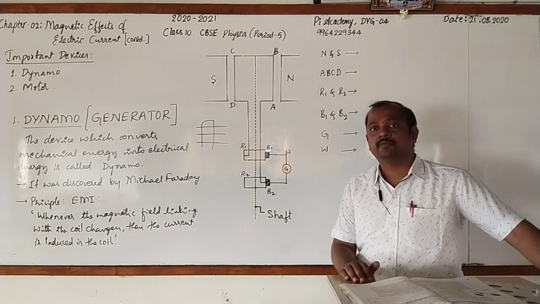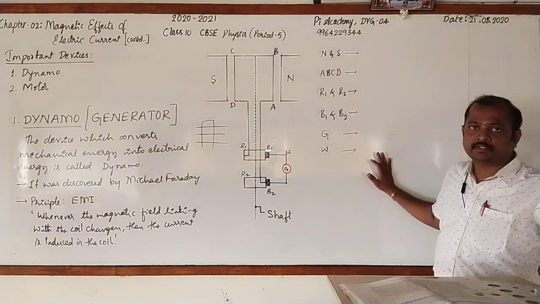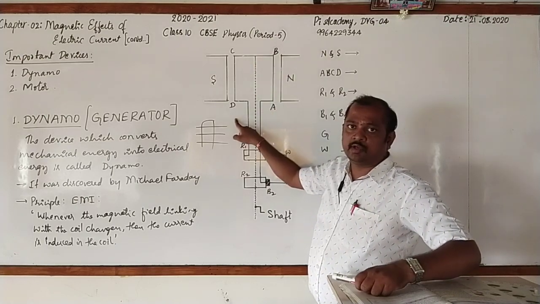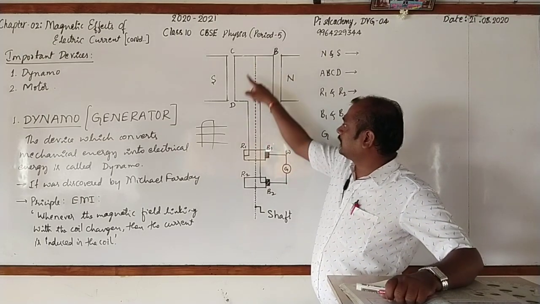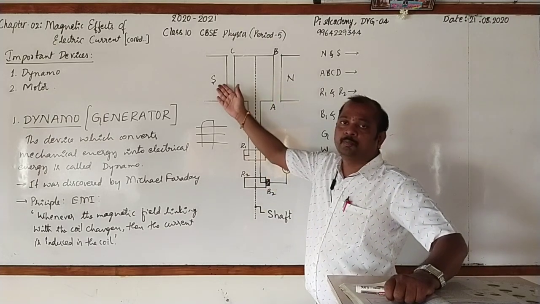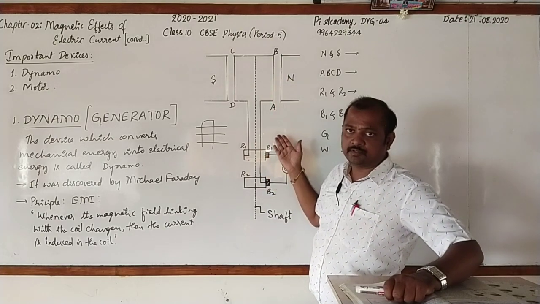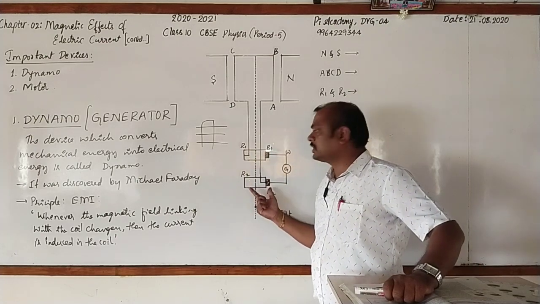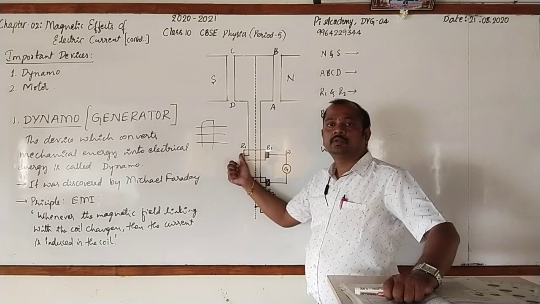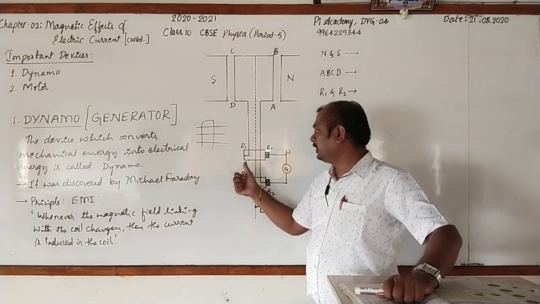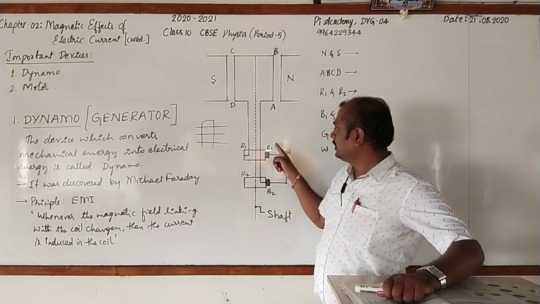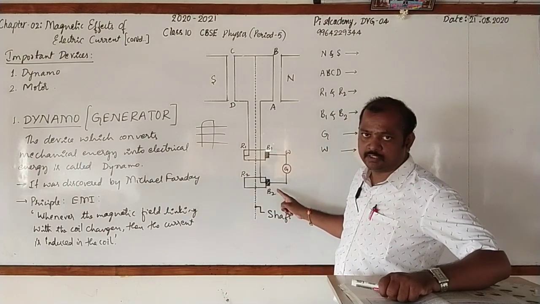Then construction. Construction is very simple. See that ABCD is a rectangular coil of insulated copper wire mounted between poles of field magnet. Then the free ends of the coil are connected to two copper rings R1 and R2, which are in contact with the two carbon brushes B1 and B2 respectively.